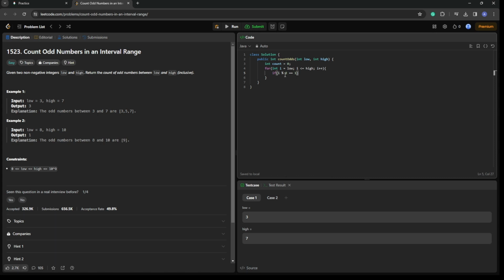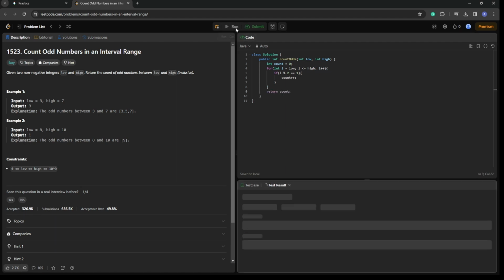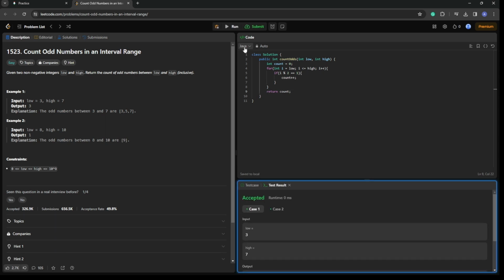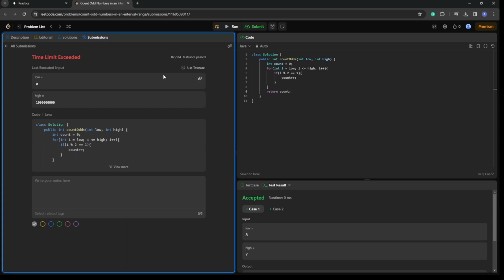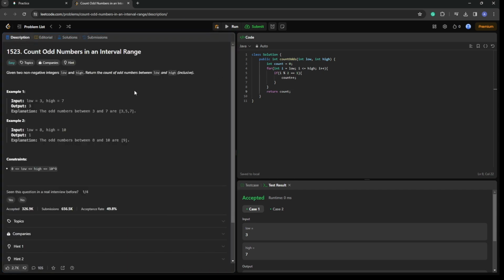So equal to 1, count plus plus, and we'll just return count. So this should work. Basically just going through and counting how many values are odd. So this should be a slow solution. Yeah, see, so time limit exceeded. That means this was pretty slow.